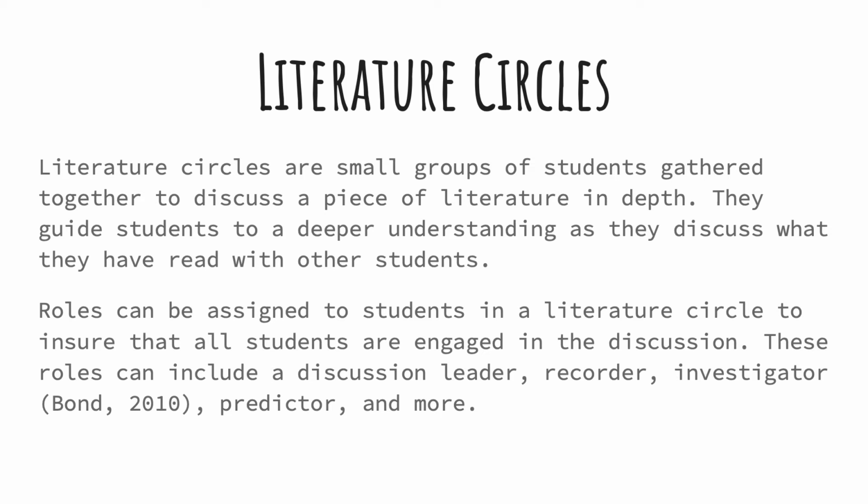A discussion leader is somebody who maybe you want to see step up as a leader, who can make sure that students are staying on track, not getting off task, and not falling behind. Maybe they're a timekeeper, or a timekeeper could be a different job that you give. But that discussion leader is just somebody who's keeping everybody accountable and in line on what they're supposed to be doing.